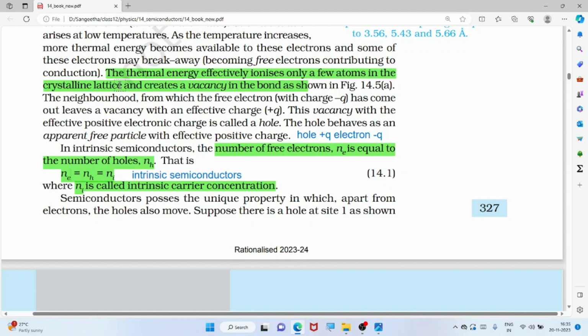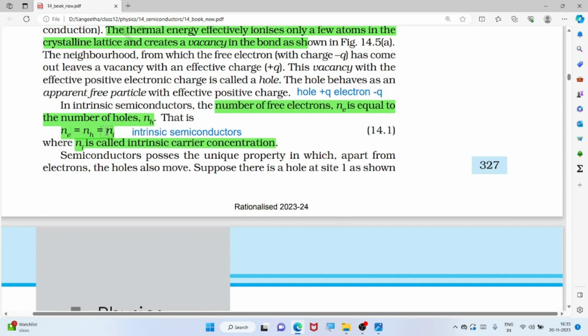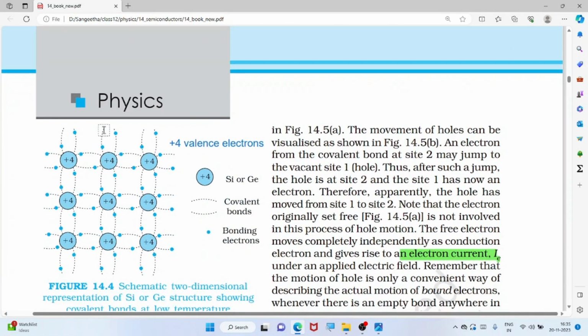Normally the thermal energy ionizes only a few atoms in the crystal lattice. In the intrinsic semiconductor, the number of electrons is equal to the number of holes. Both are equal in the intrinsic semiconductor, that is, without doping.